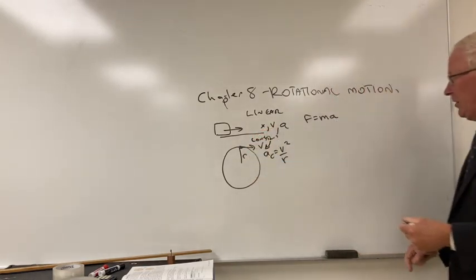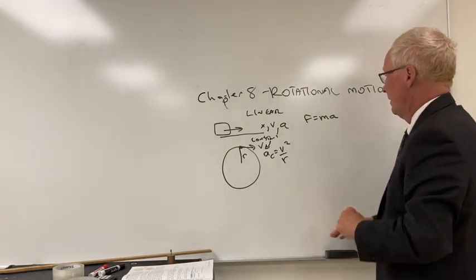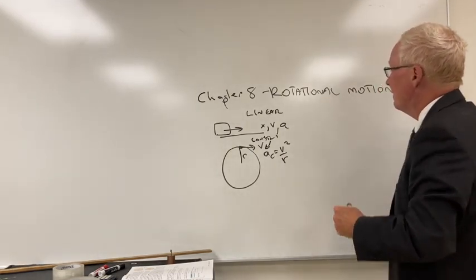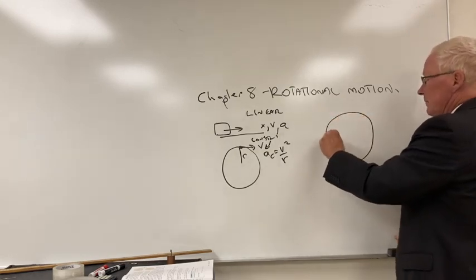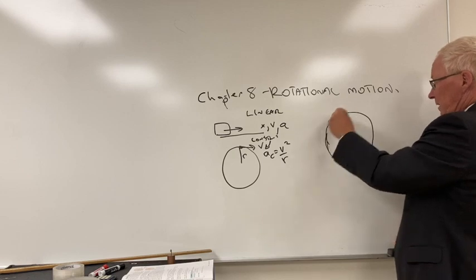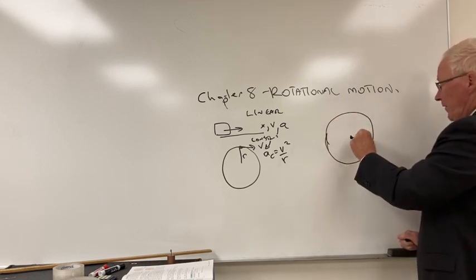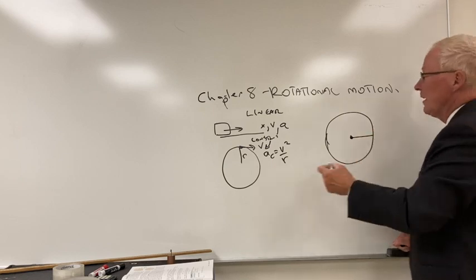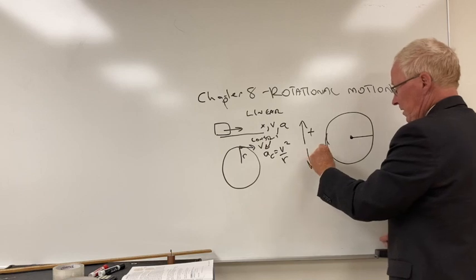Now we're going to get into what we call rotational motion. In this case, we have something rotating, like a merry-go-round. And we define a rotation. When we go up or down, we call up positive and down negative.